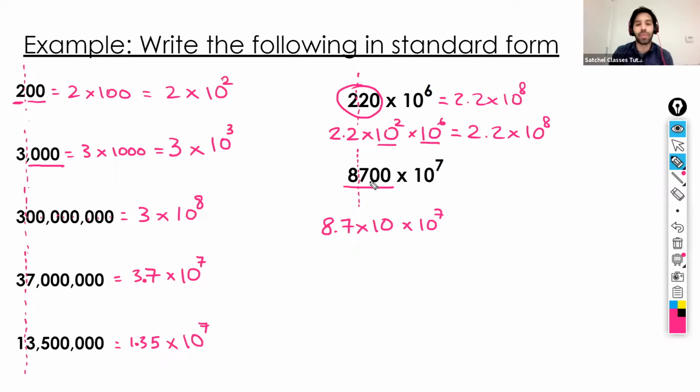So that's going to be 1, 2, 3 numbers after 8, so that's going to be 10 to the power of 3. And then what we'll end up with is 8.7 times 10 to the power of 10. So this number here written in standard form is 8.7 times 10 to the power of 10.